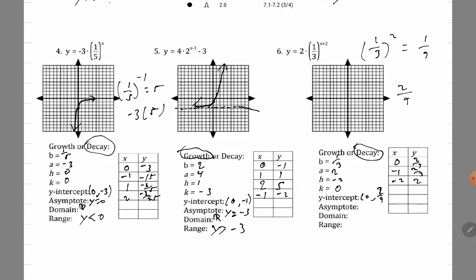So 0 is 2/9. Negative 1 is 2/3, which is a little bit higher. Negative 2 is 2. So we got something that looks like this. Asymptote, y equals 0, all real numbers for the domain, y is greater than 0.